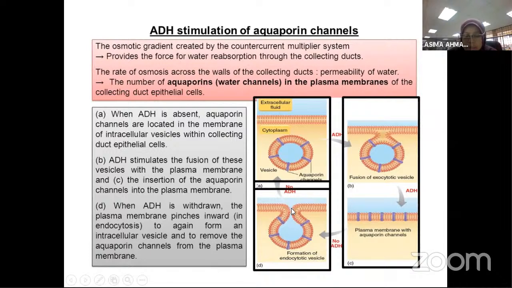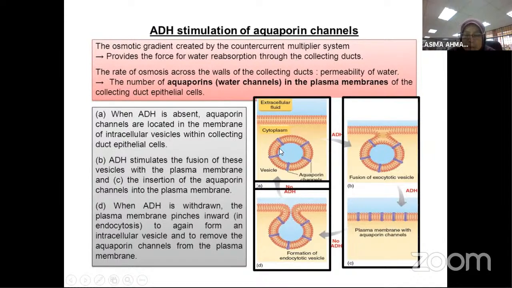So this reminds you of what process? Endocytosis, very good. So it pinches inward in endocytosis to again form an intracellular vesicle, a vesicle inside of the cell again.